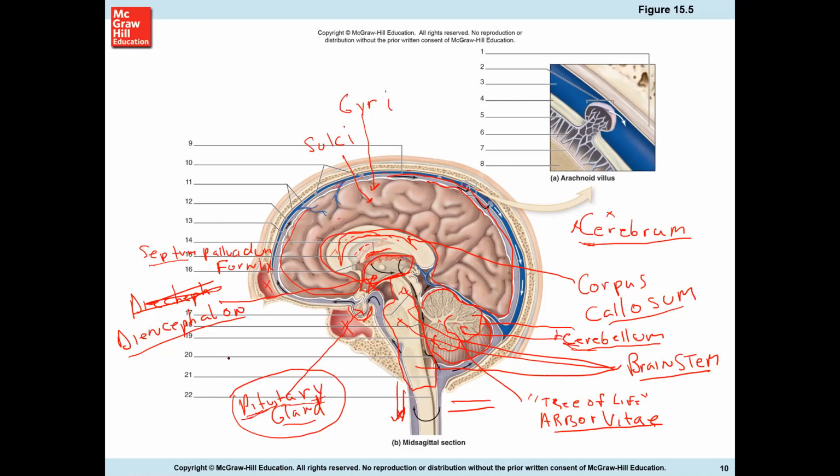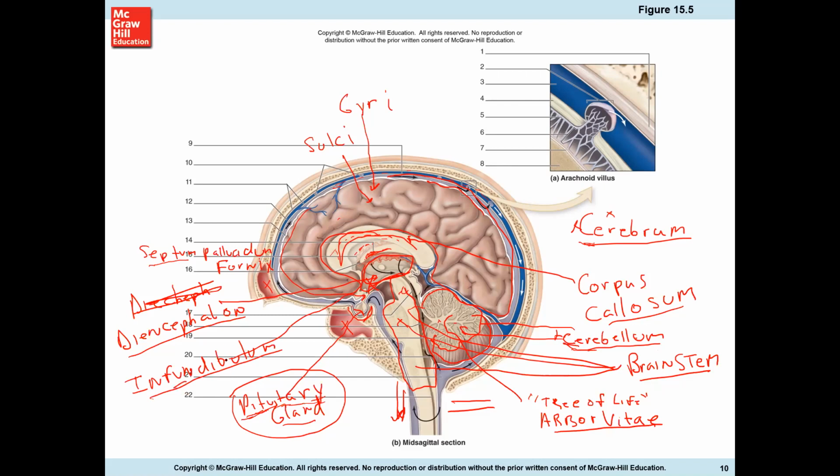So the connection between the hypothalamus and the pituitary gland is a stalk. I mean, you can call it pituitary stalk, but why don't we use another cool name called the infundibulum, which means stalk. Infundibulum. So that connects the pituitary gland to the hypothalamus. It's fun.